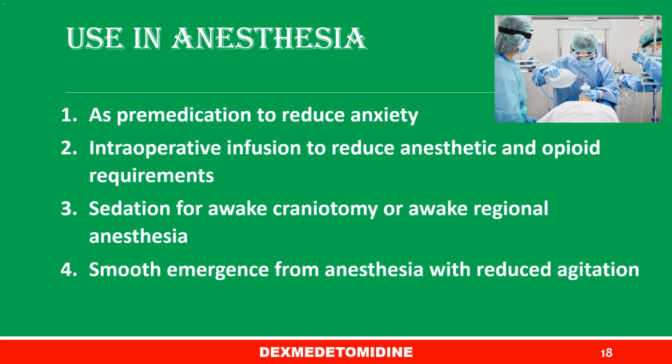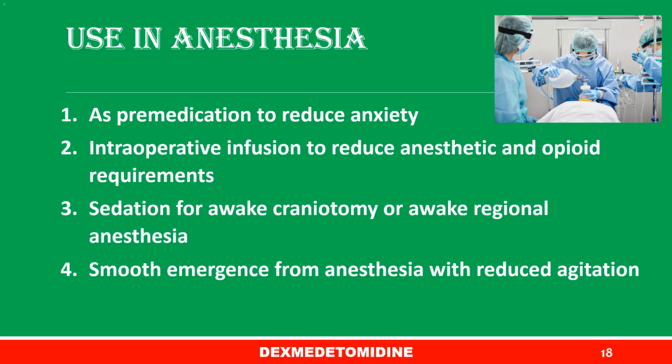Use of dexmedetomidine in anesthesia. 1. As premedication to reduce anxiety. Dexmedetomidine can be given before anesthesia to lower anxiety. 2. Intraoperative infusion to reduce anesthetic and opioid requirements. Dexmedetomidine given during surgery can lower the need for other anesthetics and pain medicines. 3.